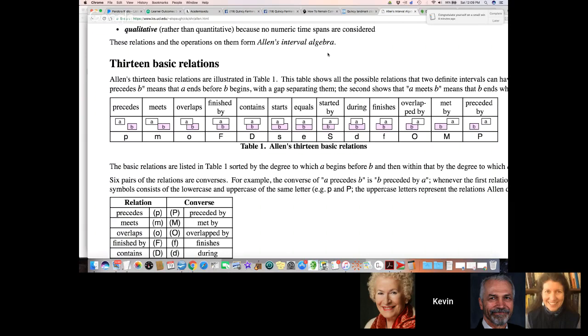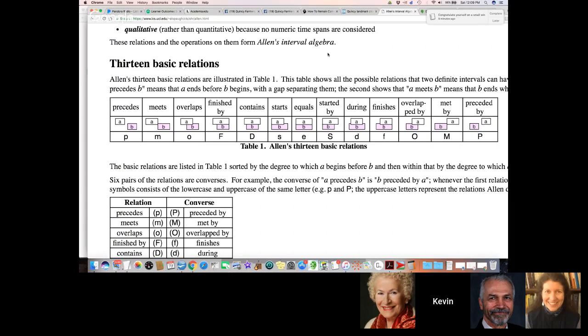I was doing work at MIT on something called the Process Handbook Project, and there they were modeling processes and dependencies between processes. One aspect of a dependency relationship is the temporal aspect. And to model the temporal relationship of processes, you have to model the relationship of intervals.